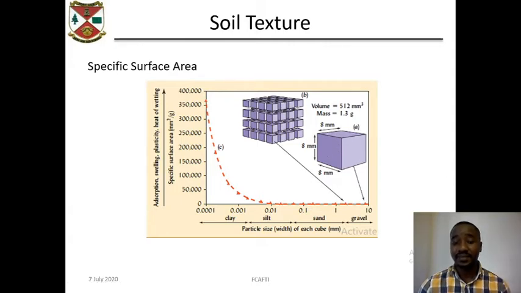And specific surface area is related to adsorption, swelling, plasticity, and heat of wetting. So sand particles have less adsorption capacity, less swelling, less plasticity, and less heat of wetting than the silt and the clay.